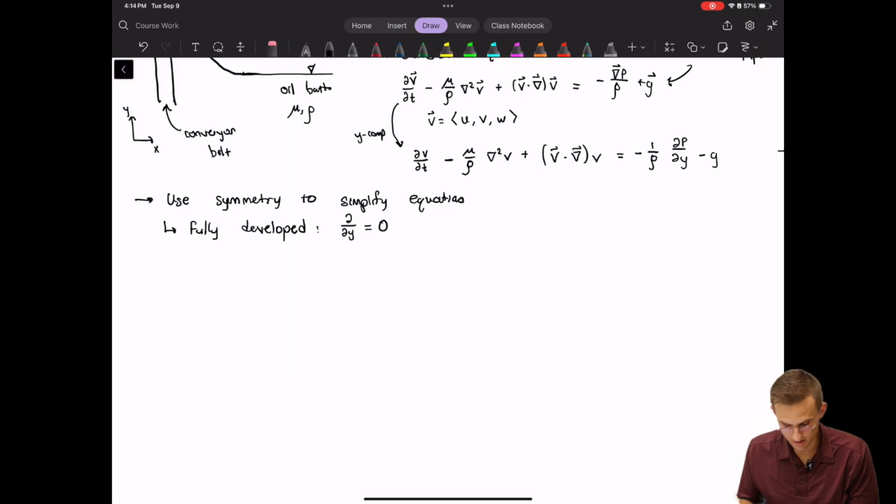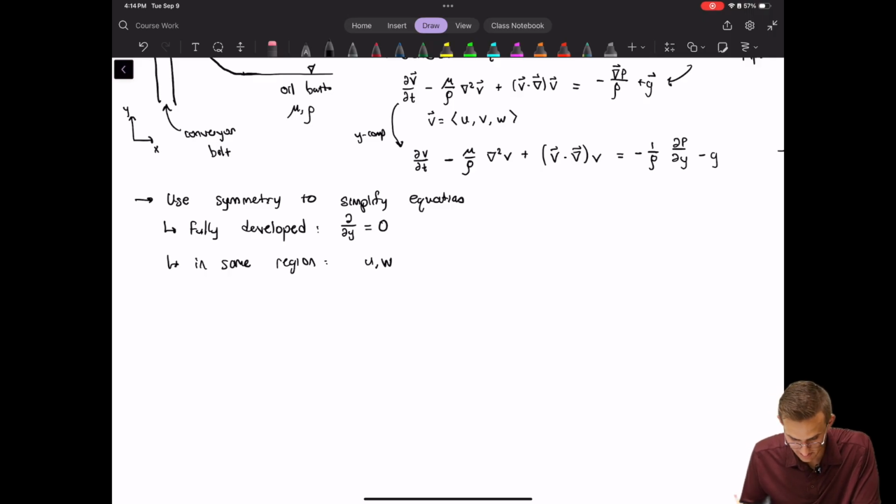Okay. Also in that same fully developed region, we know that u and w, the components of the flow in the x and z directions respectively, are both equal to 0. Right, and we kind of discussed that above. That's why we only focused on the y component of the overall set of Navier-Stokes equations.